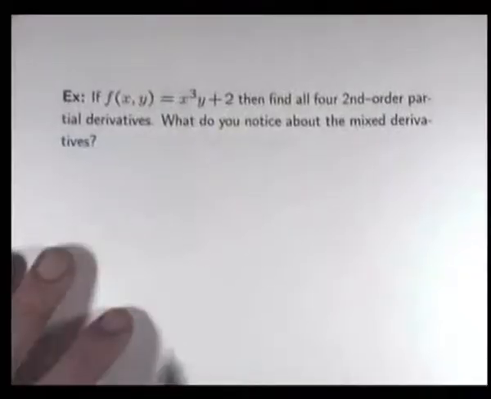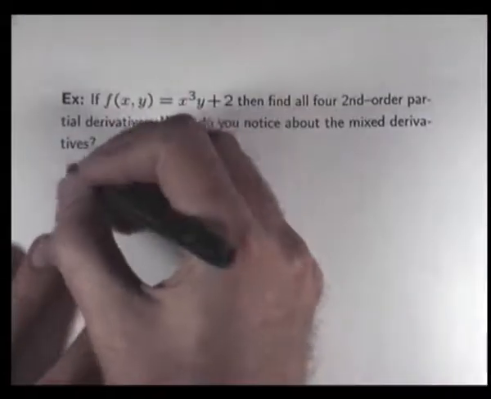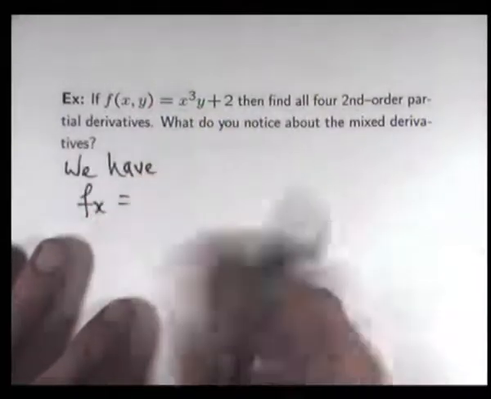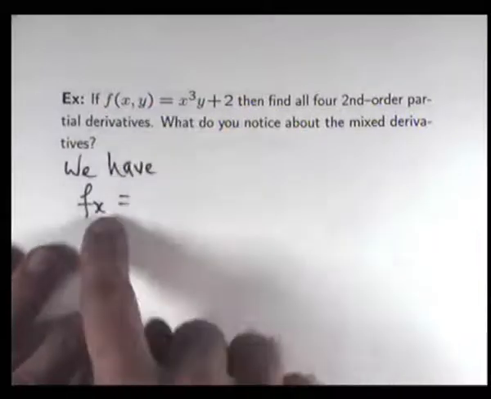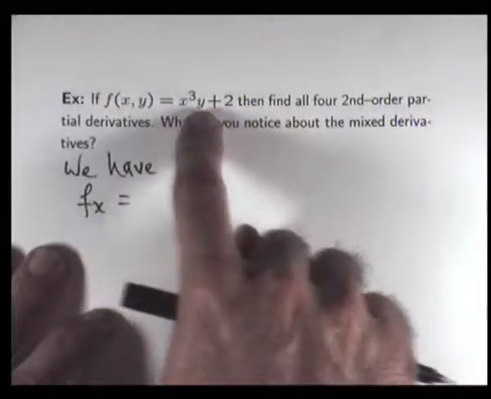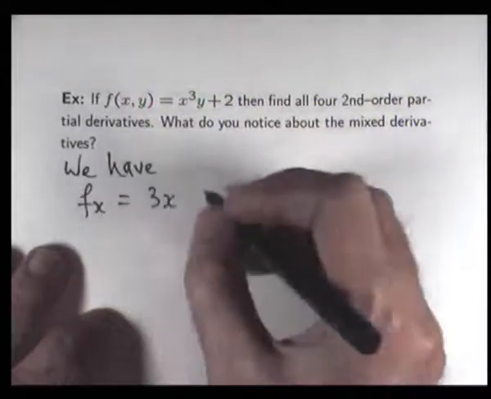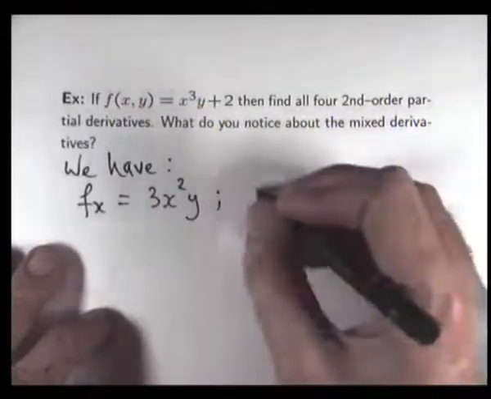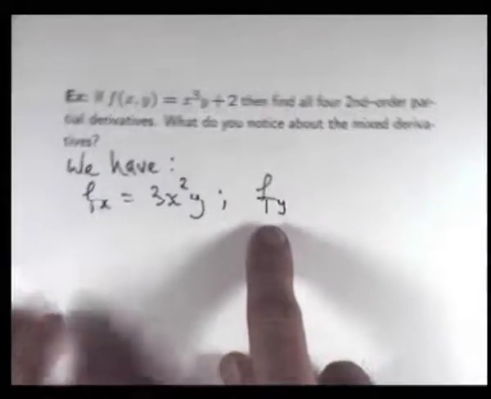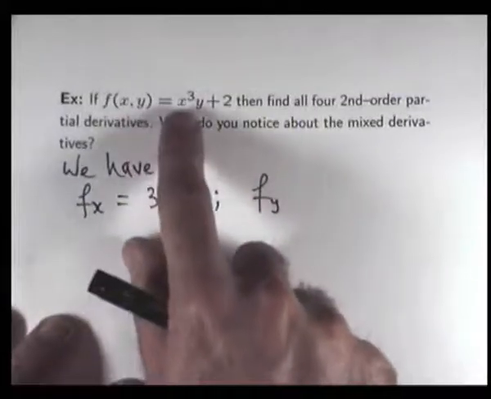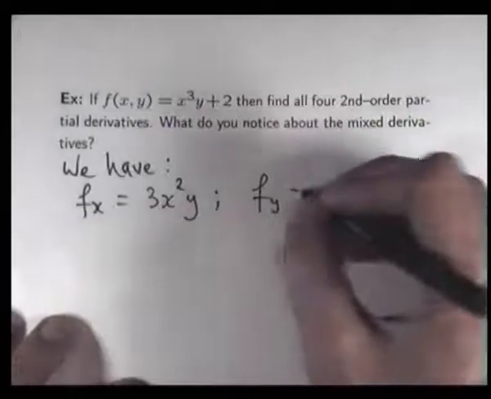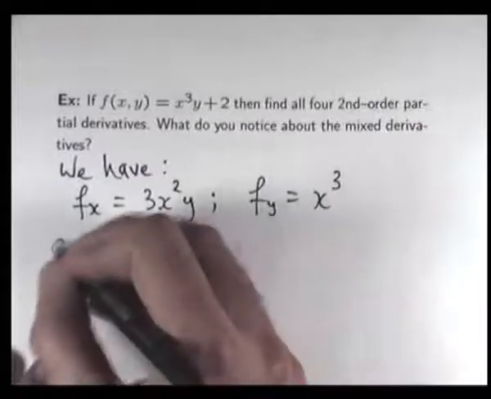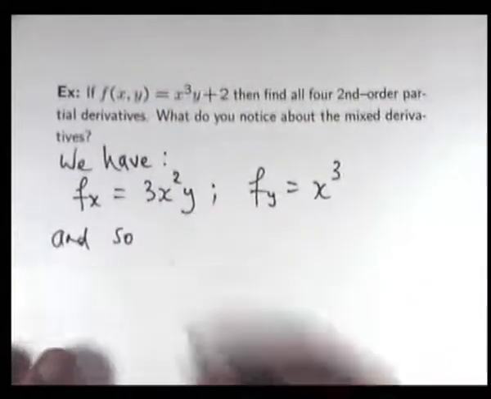All right, so to calculate the second order derivatives, the first thing we do is calculate the first order. So f sub x is going to be, remember, y is a constant, differentiate normally with respect to x. For df dy, or f sub y, imagine x is a constant and differentiate normally with respect to y. So this is going to become x cubed. So let's calculate our second order partials.